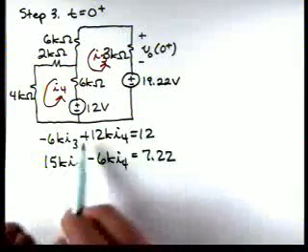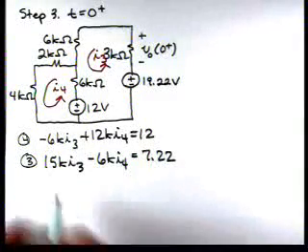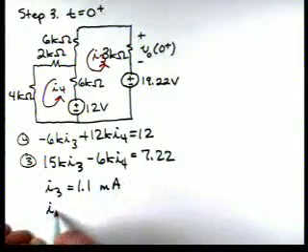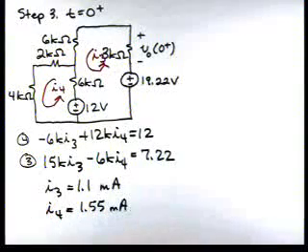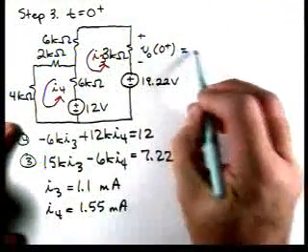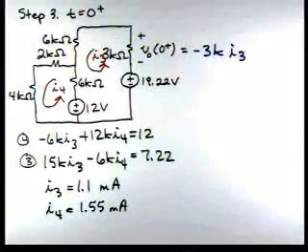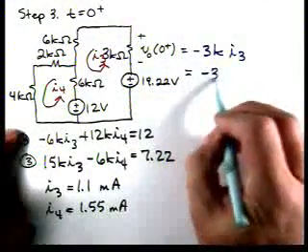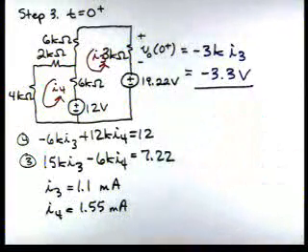So here's for mesh 4, here's for mesh 3. If we solve, we get I3 is 1.1 milliamp, and I4 is 1.55 milliamps. Now if we look at our circuit, V0 of 0 plus then is minus 3K times I3. So that gives us V0 of 0 plus is minus 3.3 volts. So that completes step 3 of our process.